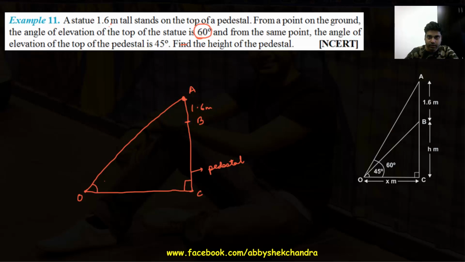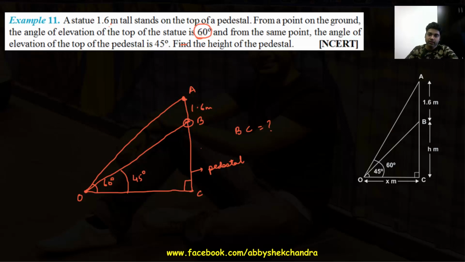So this angle is given to be 60 degrees, and from the same point the angle of elevation of the top of the pedestal, so this is the top of the pedestal, is 45 degrees. We need to find the height of the pedestal, which is BC, right?